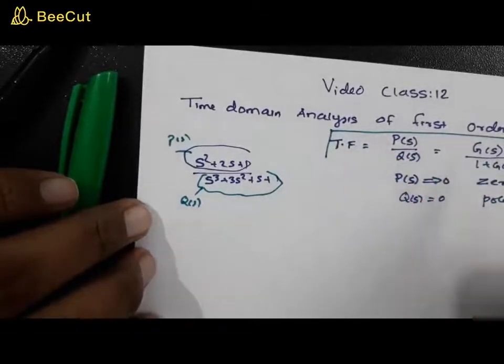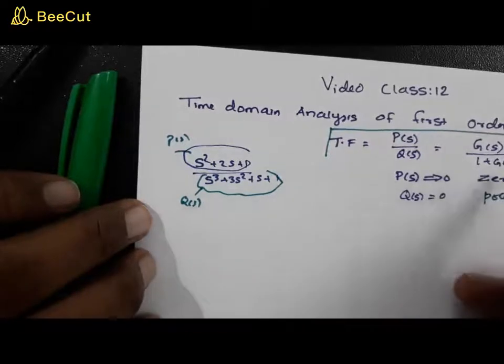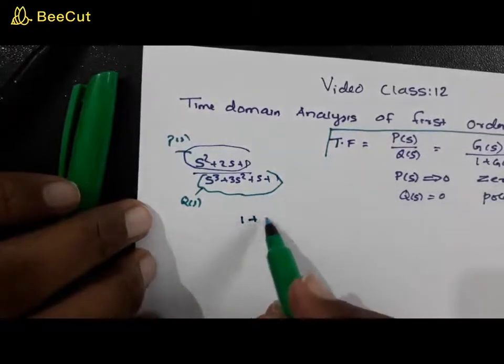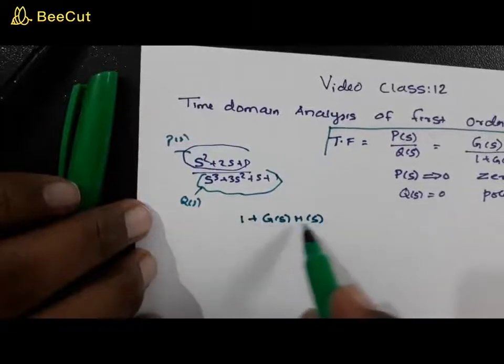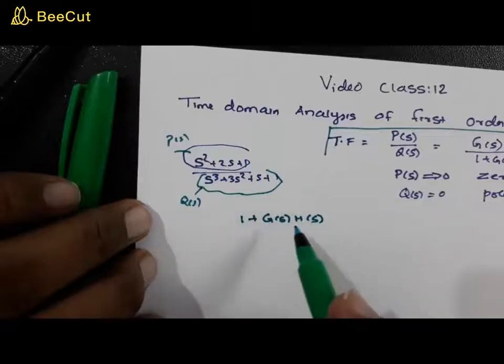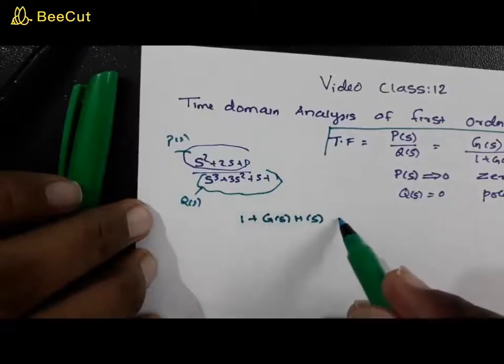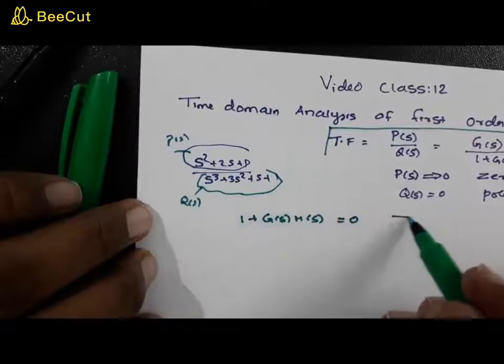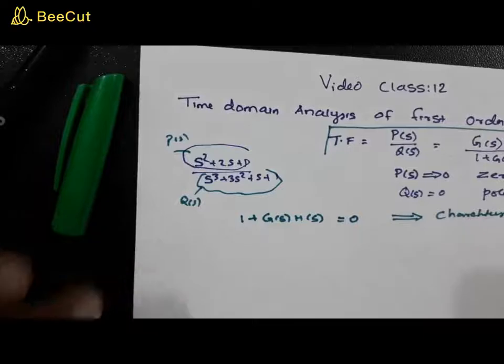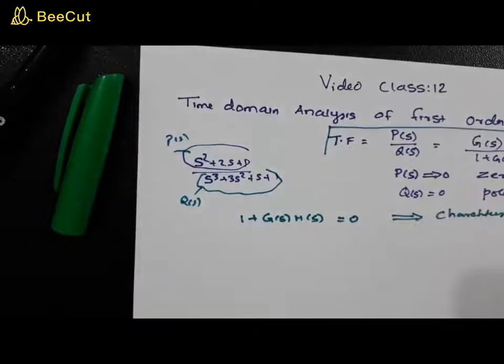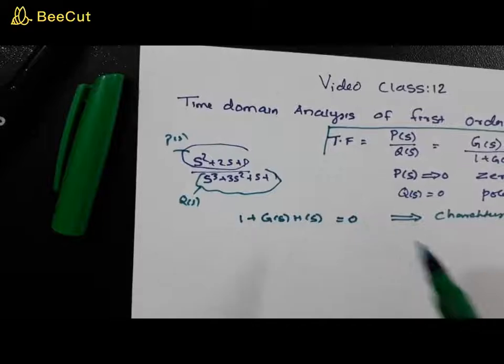This is actually the transfer function of a general closed loop system, any closed loop system. So you can also equate the denominator to 0. This 1 plus G(s) is again a polynomial, a function of s. When that is equated to 0, you will get an equation which we call the characteristic equation. It is called a characteristic equation because it can give you more information regarding the various characteristics of the system.